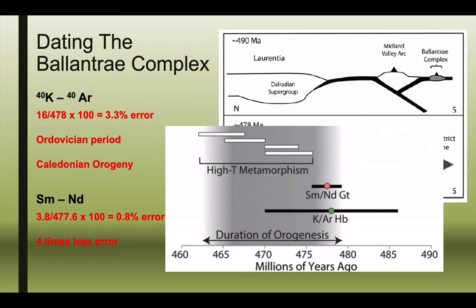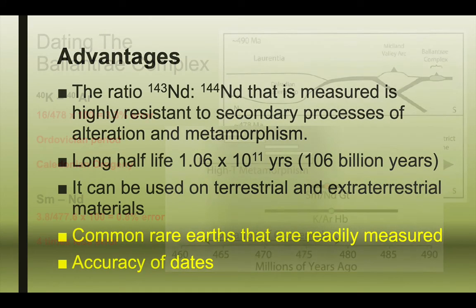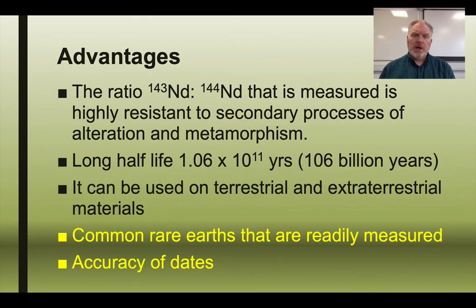So, if we think about the strengths of this particular technique, these ratios that are measured aren't really affected by other processes, weathering, metamorphism. These things stay fairly consistent. We've got an enormous half life.